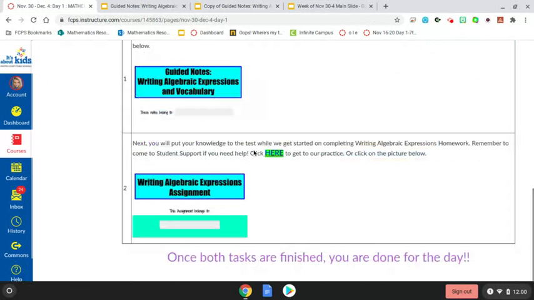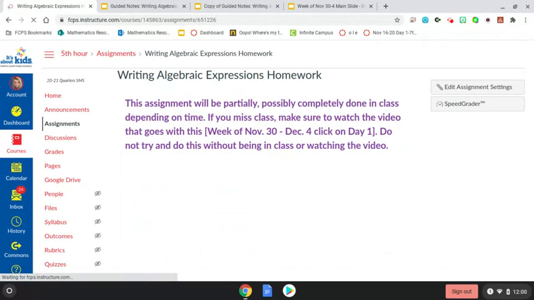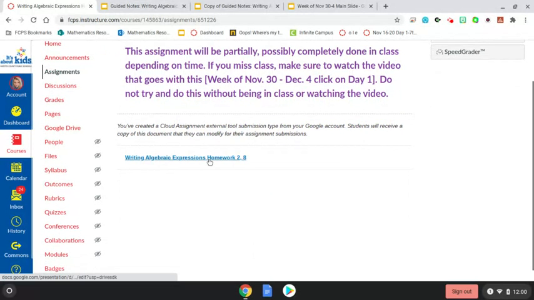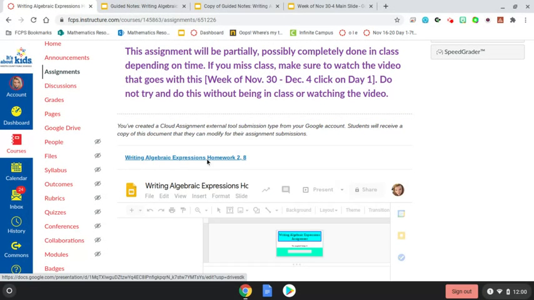The next thing we're going to do today is an assignment similar to our notes. I'm going to go ahead and open up your assignment and show it to you.